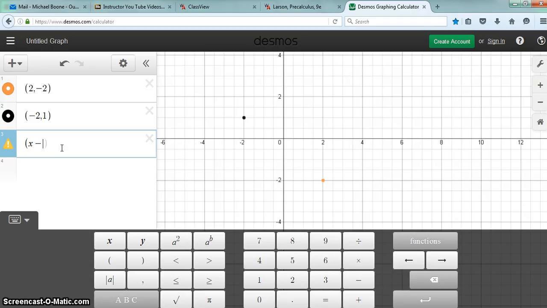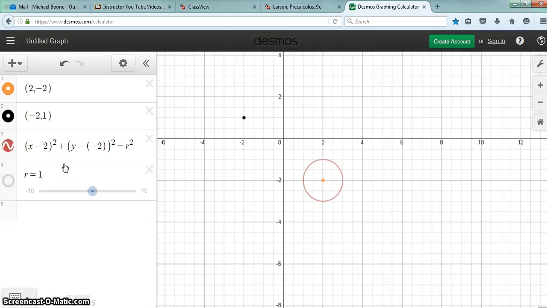My h was 2, so this is my h, this is my k. And then I know I have my y value, so y minus, and it was a -2 that k value was. So we could just put plus 2 equals, I'm just going to type in r squared.